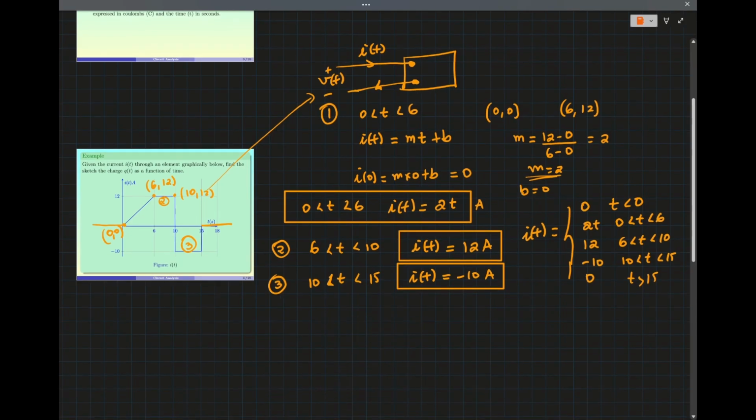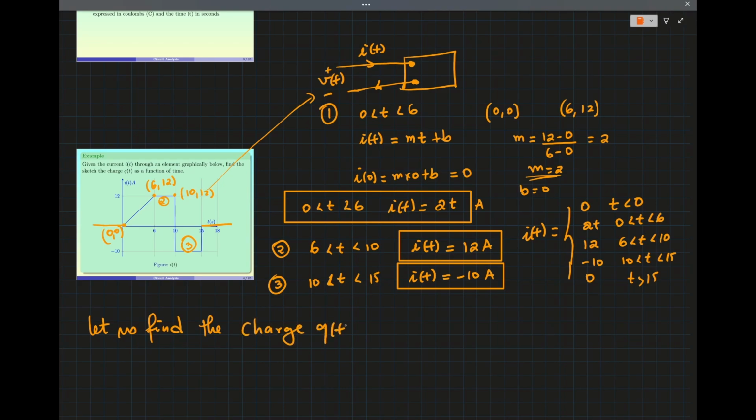Let us find Q of t, the charge with respect to t. We know that I of t is the rate of change of charge with respect to t.